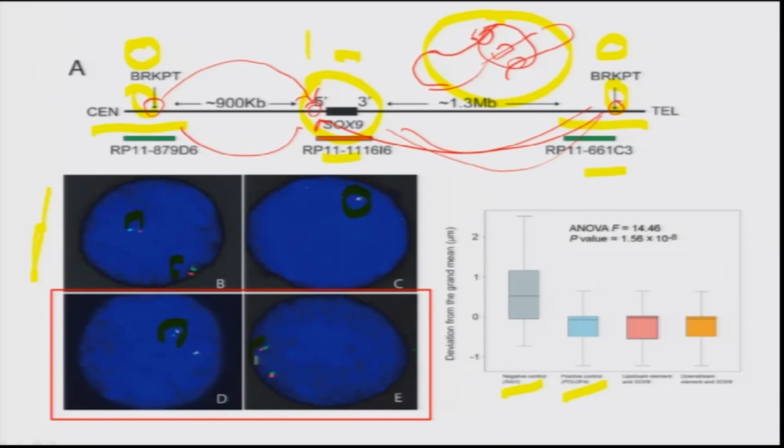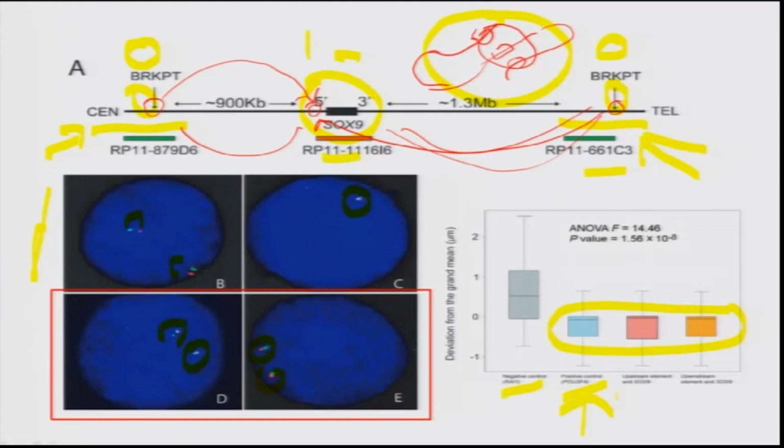For example, in both these conditions, whether you are using a probe downstream of the SOX9 gene or upstream of the SOX9 gene, you will find the distance between the two signals, that is red and green, is almost similar to what has been shown for another gene which is established to have a control element about 1 megabase upstream. So, it clearly tells that there could be certain functional elements present far away from the gene, and if that is disrupted, the gene will not function.